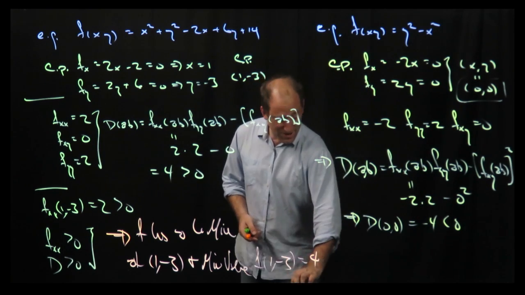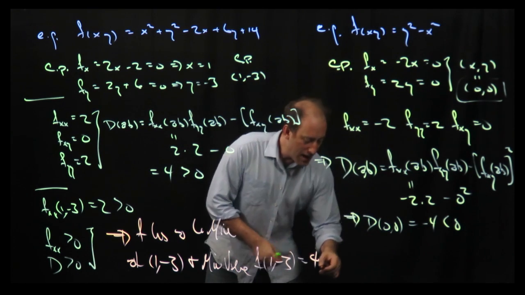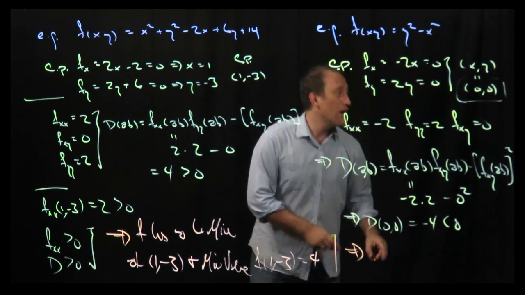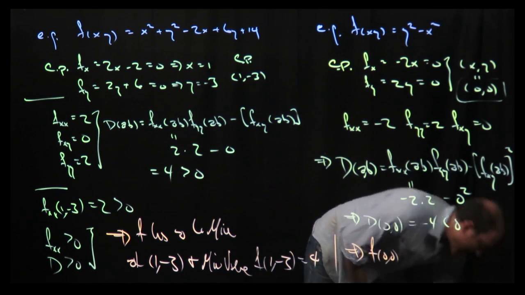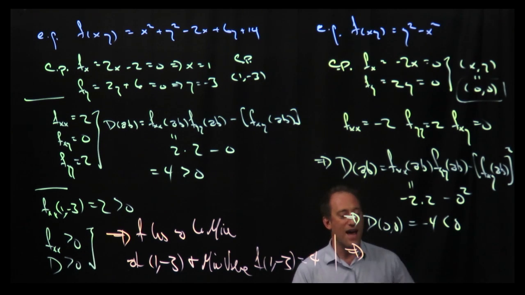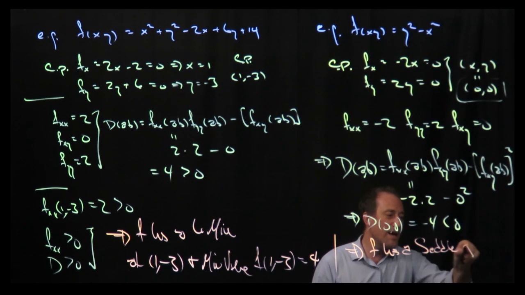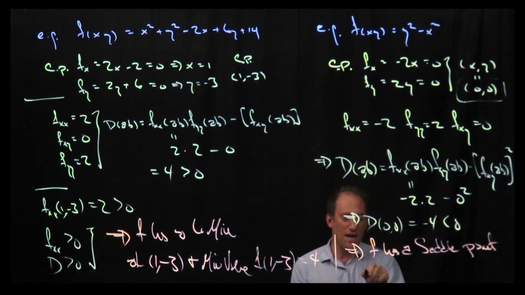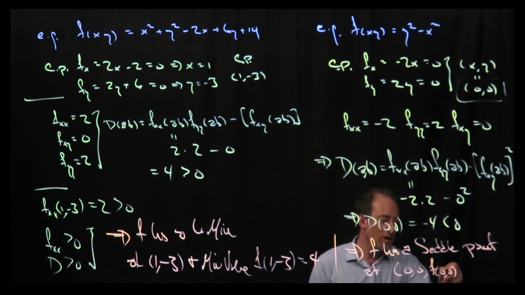So, fantastically, I get what I should from the graph. I have that f has a saddle point at (0, 0), and might as well put in the z coordinate as well: f(0, 0), which, by the way, is also 0.